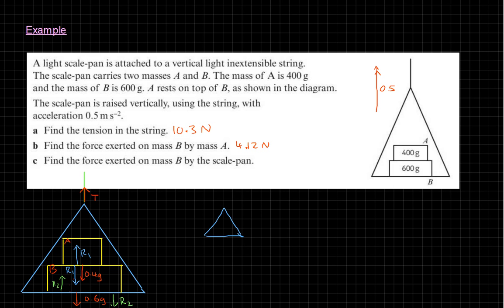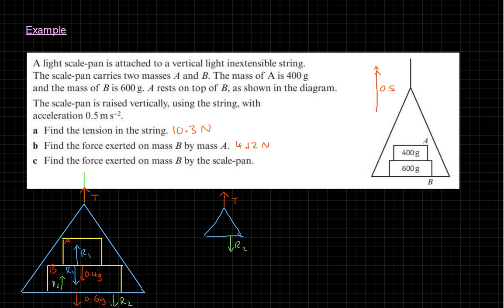So we've got tension going up, and what else? We've got the R2, which is the big box B pushing on the scale pan. And that's it. Remember, the scale pan has no weight. So those are the only 2 forces actually acting on the scale pan.